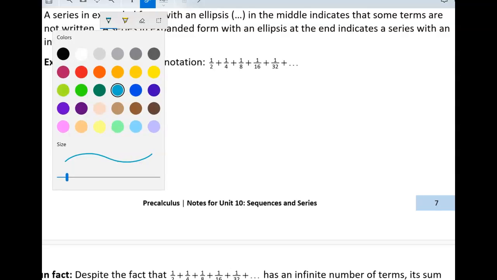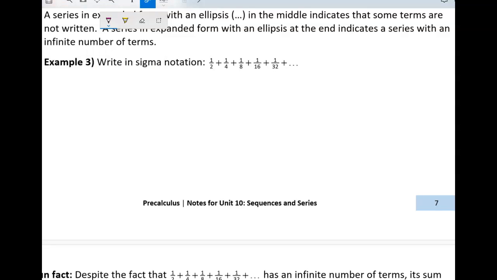So let's take a look at example 3, in which we have a series 1/2 plus 1/4 plus 1/8 plus 1/16 plus 1/32 plus, and then you can think of that ellipsis as saying etc. So I'm going to write a table of values here.